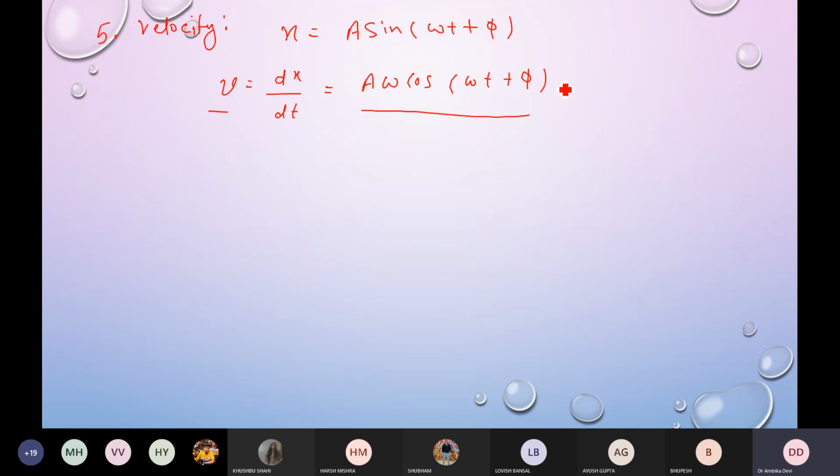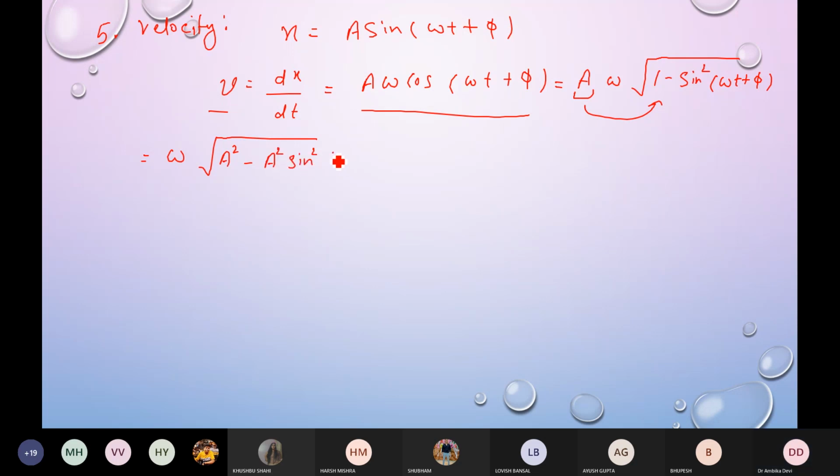This could be written as v is equal to a omega, and cos theta could be written as under root of 1 minus sine square omega t plus phi, which is further equal to omega, and then a can go inside the bracket, so that it will become under root of a square minus a square sine square omega t plus phi.